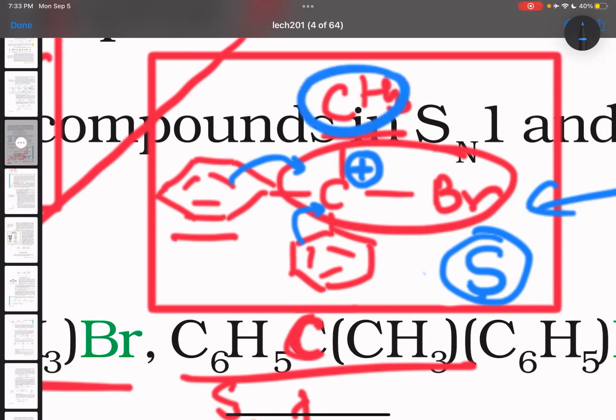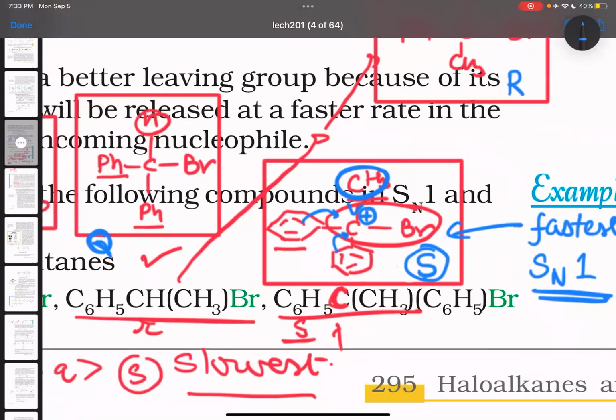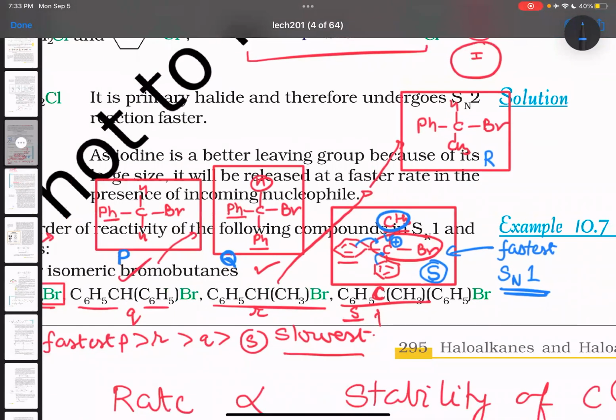There is one methyl group also that can push its electron to the carbocation. So the carbocation becomes more stable, and if it becomes more stable, then it can form very quickly. Is it clear? Yes, sir.